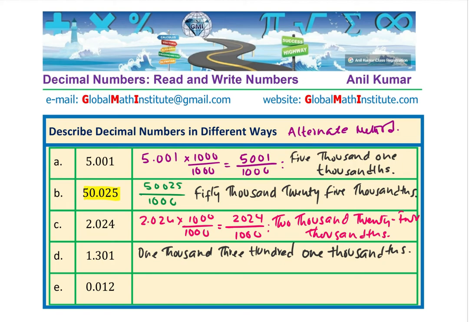Do you see that? Correct? So likewise, you could write the last one 12 thousandths, right? Because 0.012. If I multiply by 1000, divide by 1000, what do I get? I get 12 thousandths, correct?